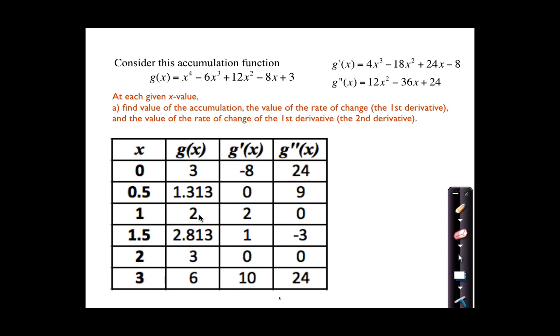Now, just looking at this sequence of numbers, 3, 1.3, 2, that doesn't tell me that this is the lowest that I'm going to hit, but knowing that the first derivative is 0 there, changing from negative to positive does. So by combining what I see in just that first column, the first 3 numbers there, with what I see in the second column, I can see the derivative was negative, then 0, then positive.